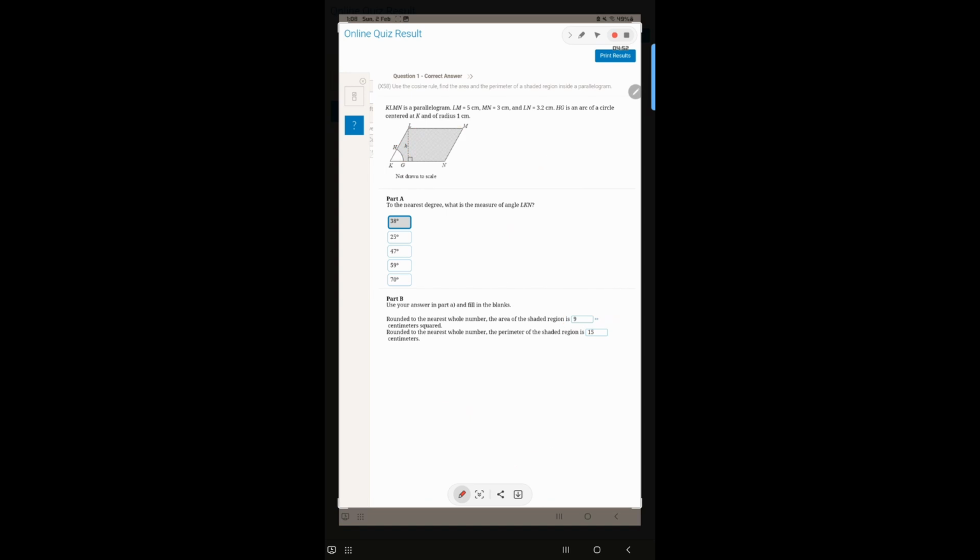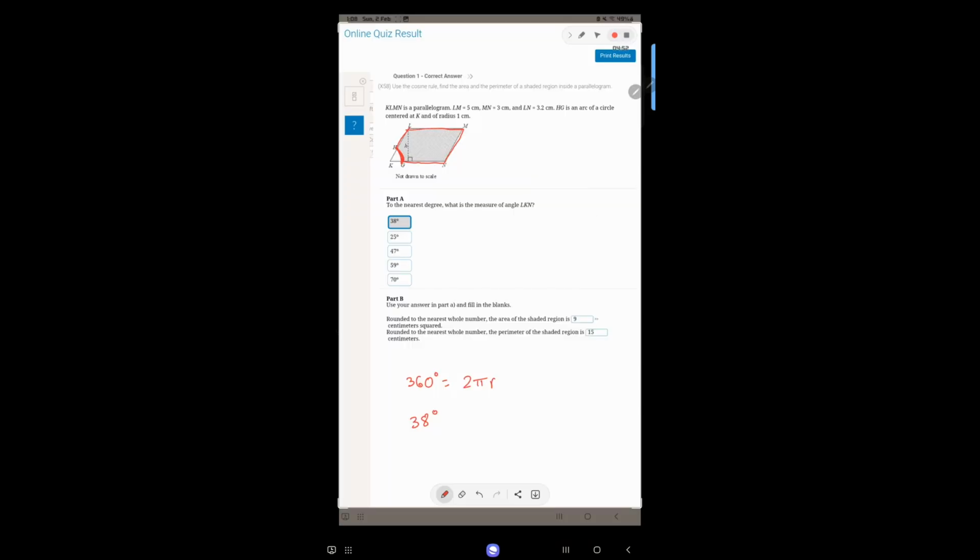Okay, now they want you to find the perimeter of the shaded region, so you need to find this. First of all, you need to find the arc HG, because it's easy to find the perimeter of a parallelogram. To get that, you need the circumference of a circle, so 360 degrees is equal to 2 pi r, and you have 38 degrees and x, so you cross multiply.